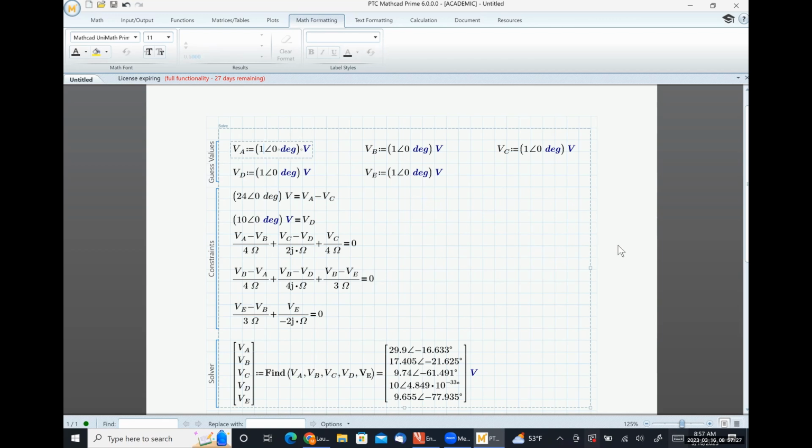All right, so we've solved a problem using nodal analysis and MathCAD. Let's take a crack at a problem using mesh analysis and also MathCAD, just so we're sure we know how to do all that as well.